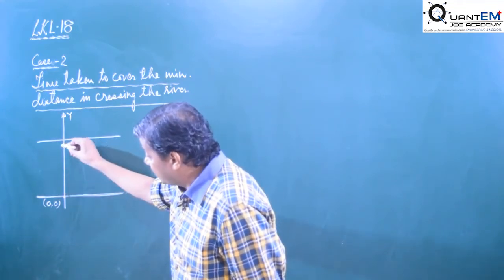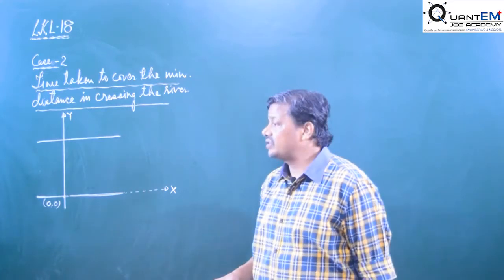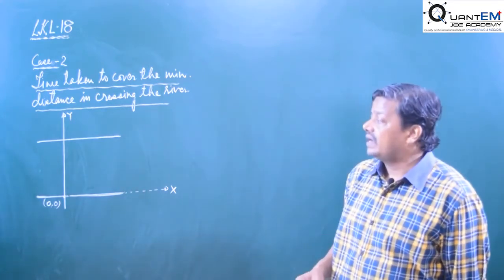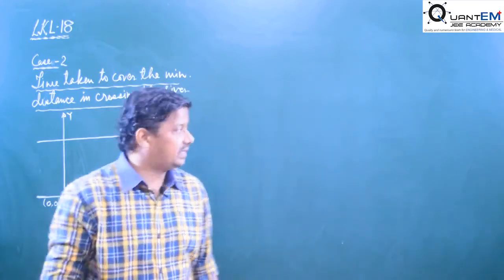Since width is the minimum distance, the resultant velocity of the particle must be along the line of what? Width, that is AB. AB we have considered, na?